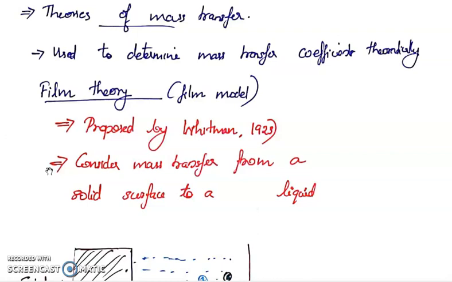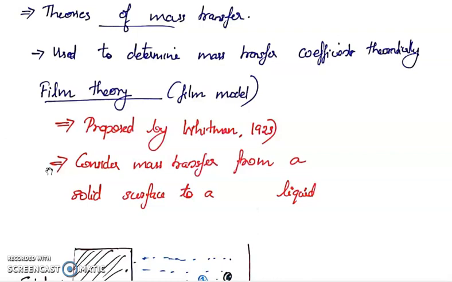We can model an actual system by making certain assumptions to find the mass transfer coefficient. So today let us discuss some theories of mass transfer which can be used to determine mass transfer coefficient.